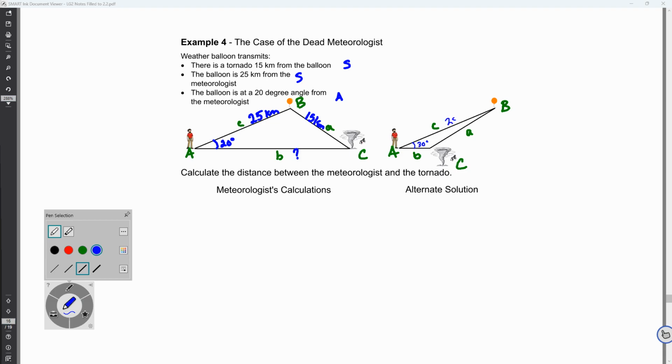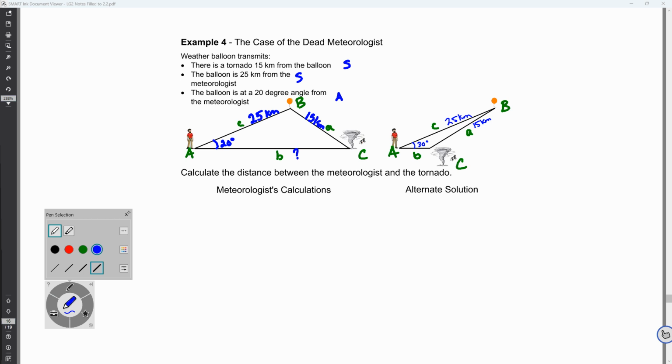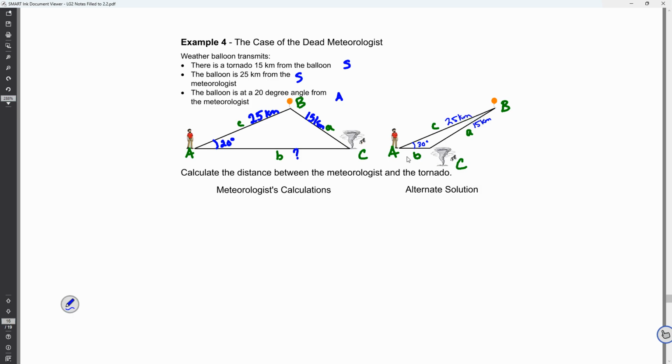I know that C is 25 kilometers, and A is 15 kilometers. Notice how I can still get the same values for my side lengths and my angles, but they're two completely different triangles. In the first one, he's really far from the tornado, so he probably doesn't have too much to worry about. In the second one, it looks like the tornado is going to hit him any second.